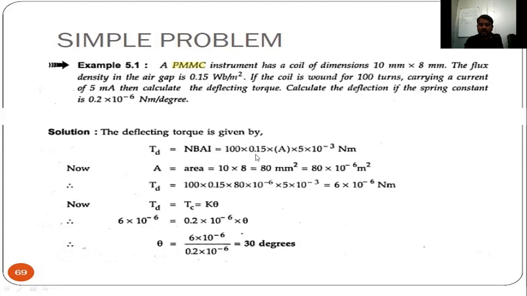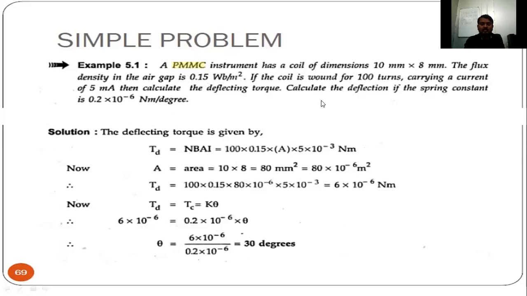So total TD we can calculate by using this. Then calculate the deflecting torque. Deflecting torque is nothing but TD only. We have calculated here. You can put all the values in the calculator and substitute here. Now calculate the deflection, if the spring constant K is given.